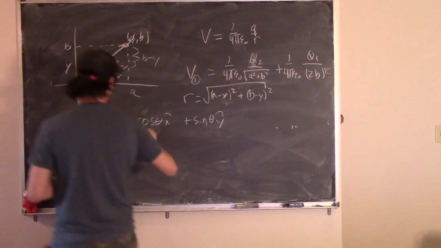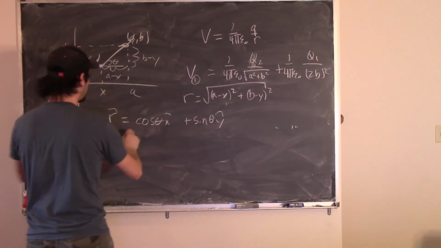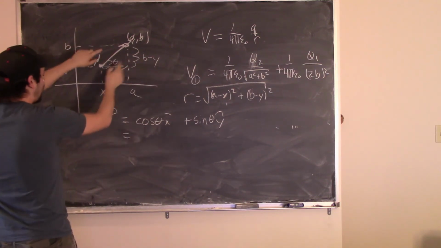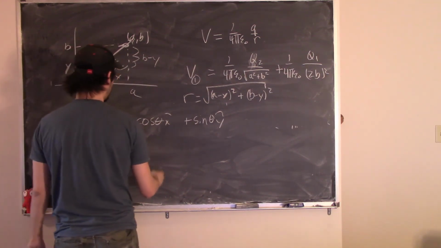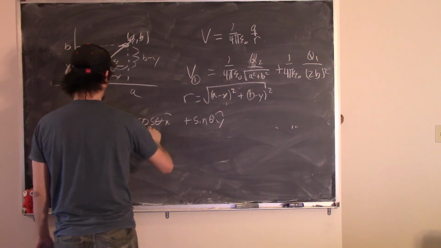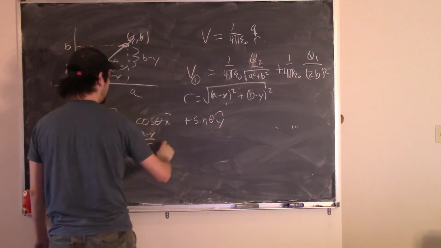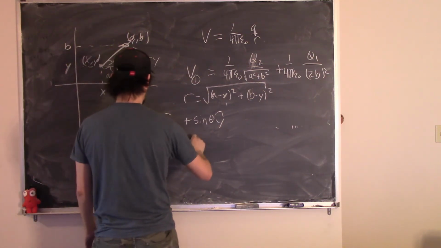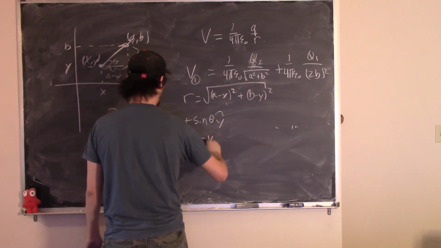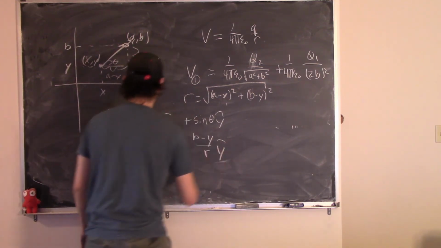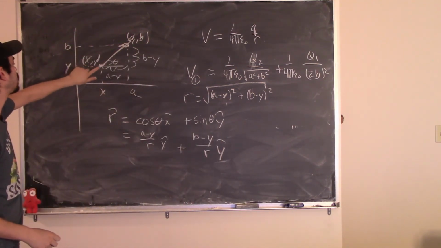And then when I replace these trigonometric ratios with the lengths that I have defined here, this is going to be a minus x divided by r x hat plus b minus y divided by r y hat. Okay, so that's what would happen if I put this over here.